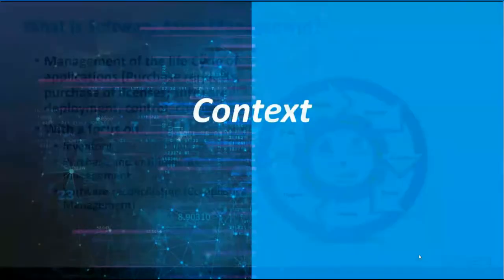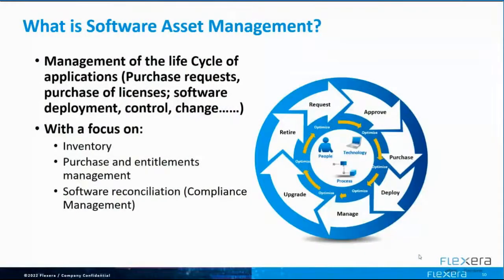So the context is that software asset management is, I would say, a subset of application lifecycle management. A typical, classical and very old chart of this process is that you manage a request for an application.